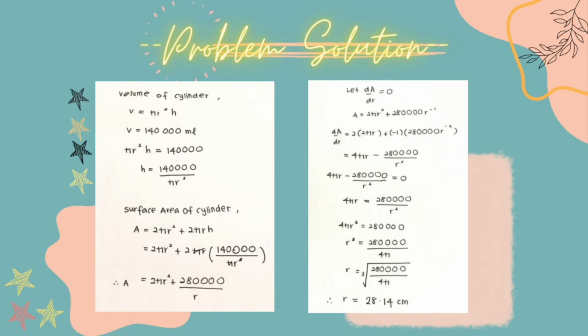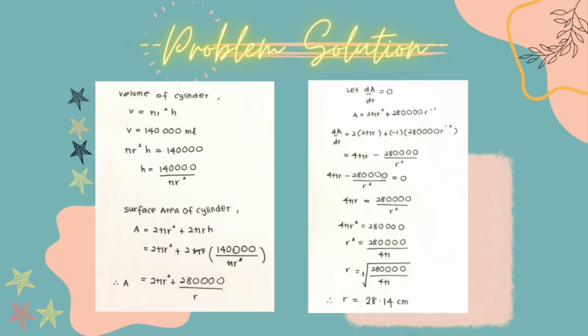Then the volume needed for the strawberry tank is 140,000 milliliters. From the volume we can express h in terms of r, which is h equals 140,000 over pi r squared. Okay, end of the volume part.